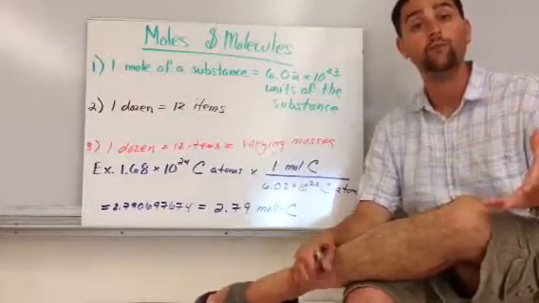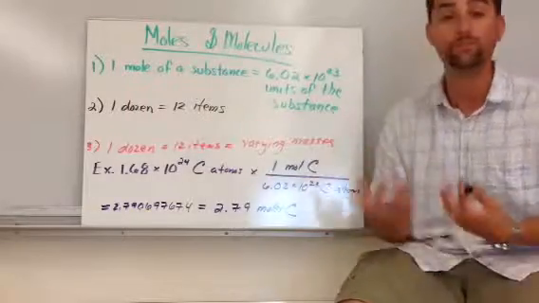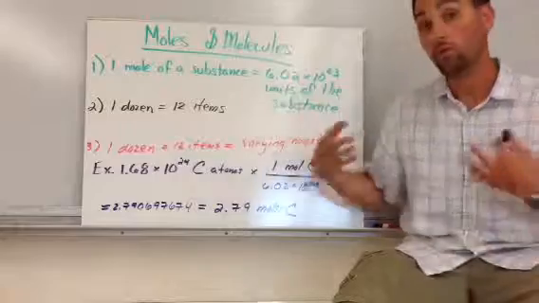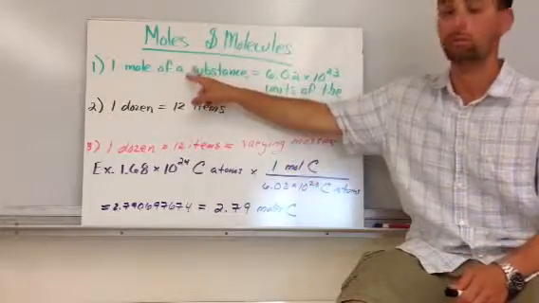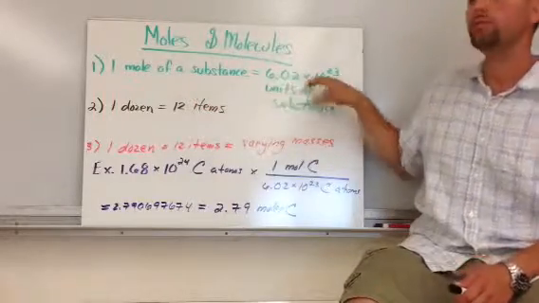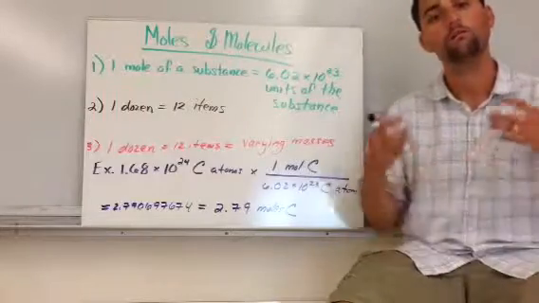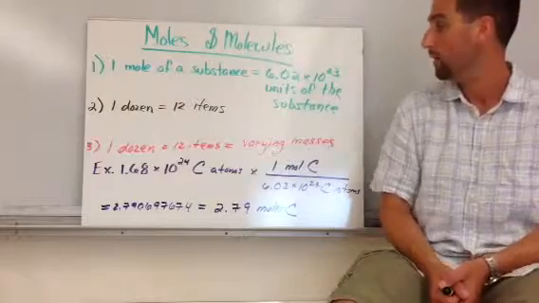In the English language, if you say 1 dozen of anything, you have 12 items of that substance. In chemistry, which is a whole other language for a lot of folks, if you have a mole of a substance, not a dozen, but a mole, you'd have this huge number, 6.02 times 10 to the 23rd parts of that substance, not 12. Okay?